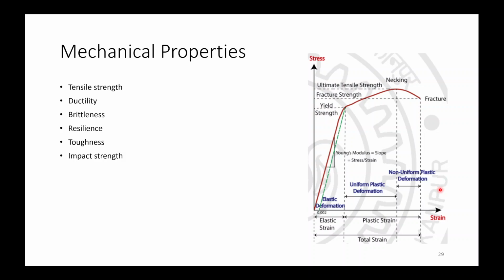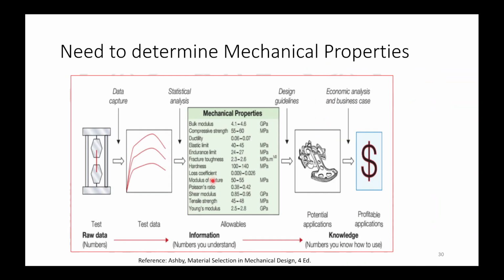Now, why do we need to determine mechanical properties? This is the tensile testing machine. We are capturing data, the stress strain curve, and by using these we can get a lot of mechanical properties. After getting these properties, we can select material based on that.